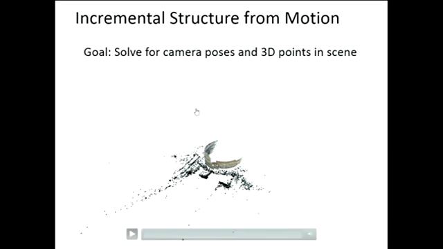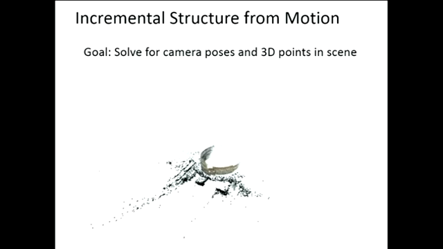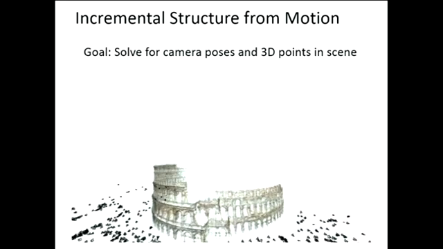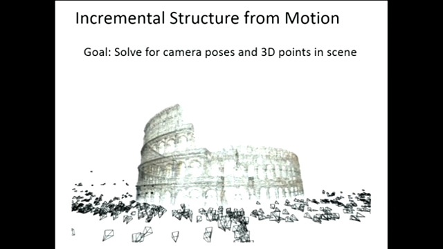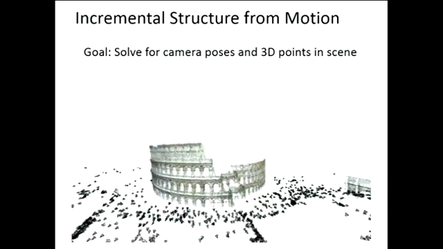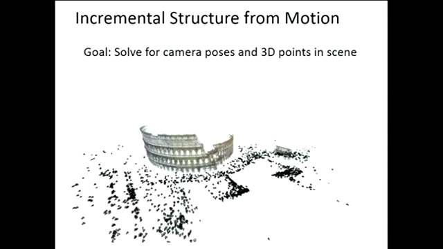If you can do that, you can do reconstructions like the one shown here, where all these little boxes are the poses of different cameras from images downloaded from the internet. Those images were used to reconstruct the Colosseum in 3D.